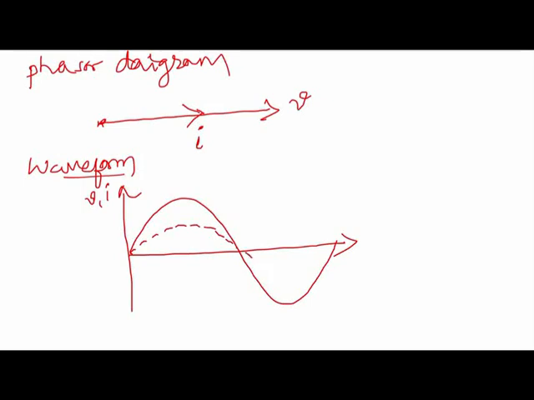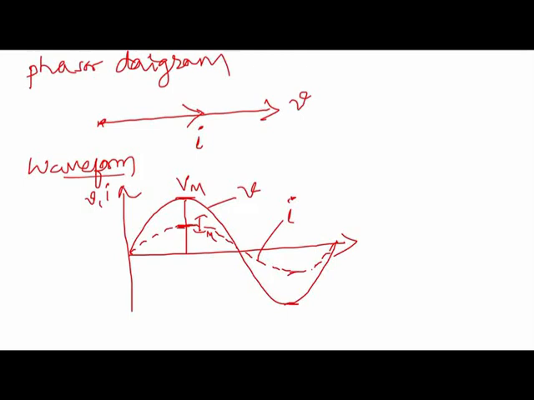So this is the current wave. This is the maximum value of voltage and this is the maximum value of current. This is Vm, here it is Im. Similarly here, negative maximum of voltage and negative maximum of current. So this is the voltage waveform, this is the current waveform. This is the waveform of both voltage and current.